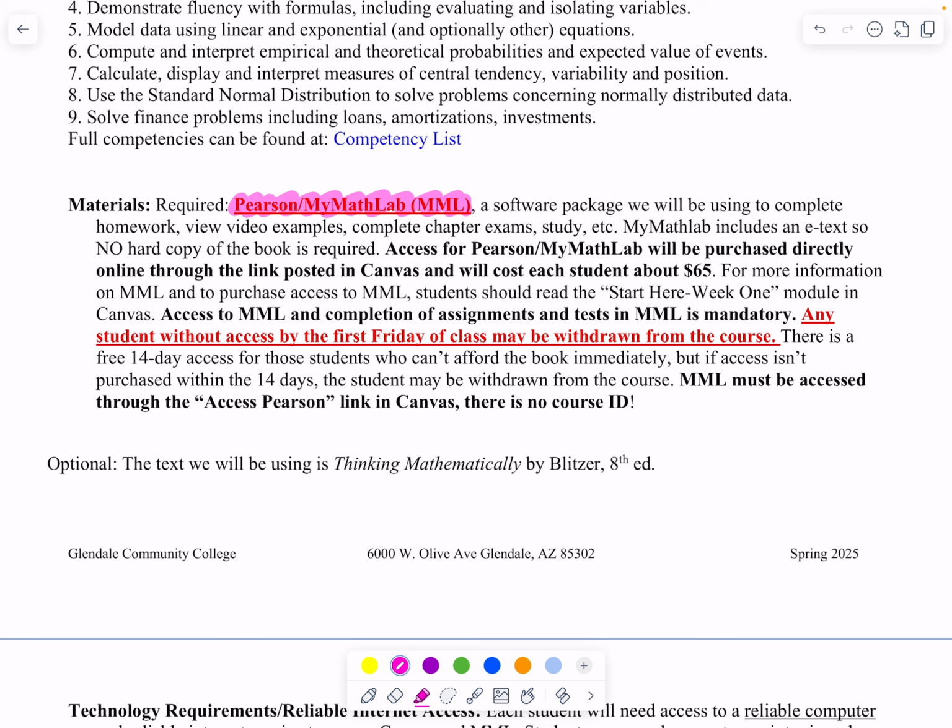You do not need to buy a hard copy of the textbook for the class, because there is an e-text within the program. You can flip through online what the textbook would look like if you would like to look at additional examples and extra practice problems. There's lots of extra resources in My Math Lab for you.